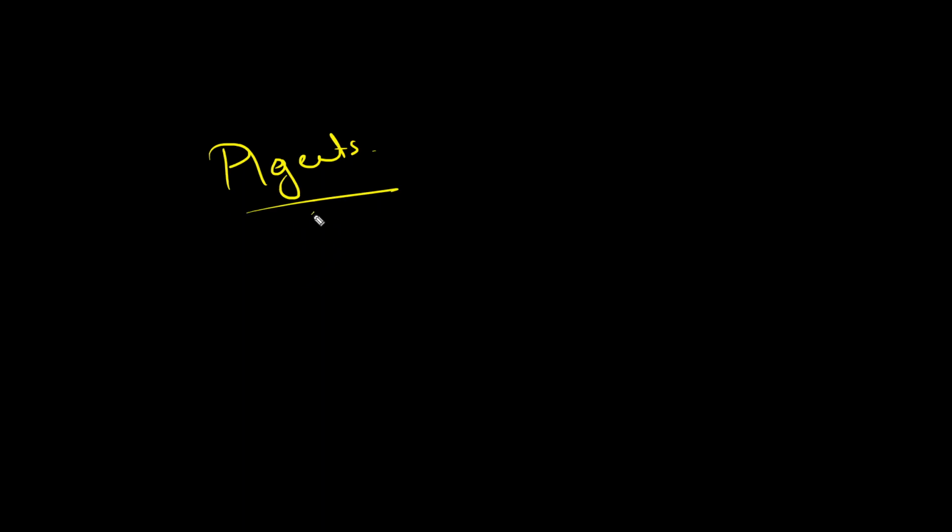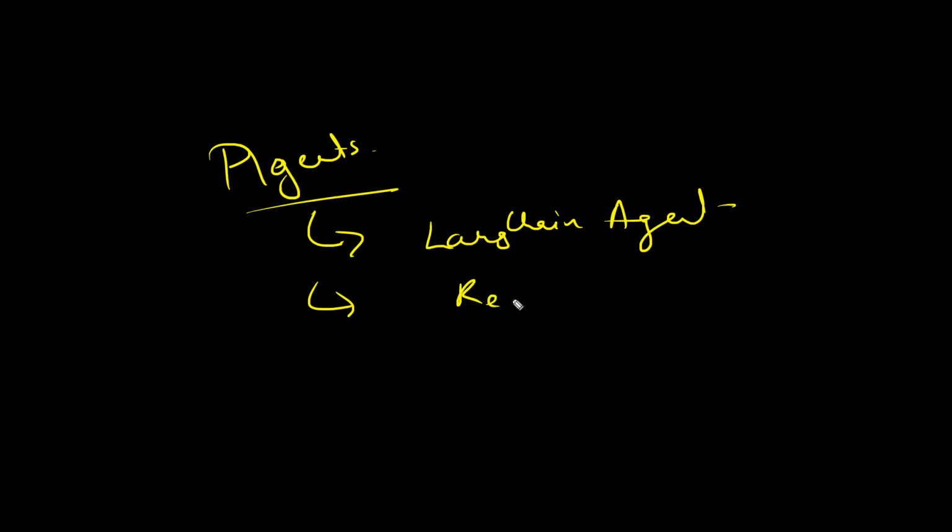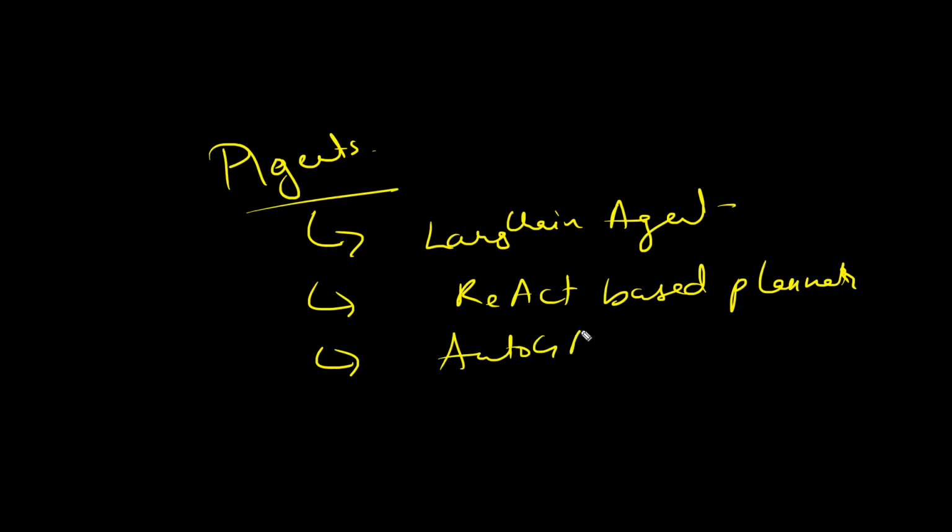And this is how a system looks like. You have a LangChain agent, you have a ReAct based planner, and you have an AutoGPT, which actually works under the hood. And it all began by letting the model use the tools.